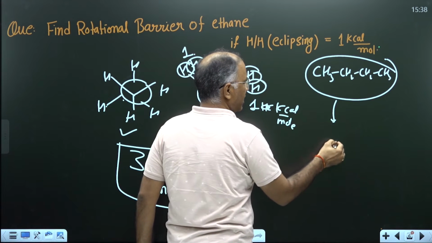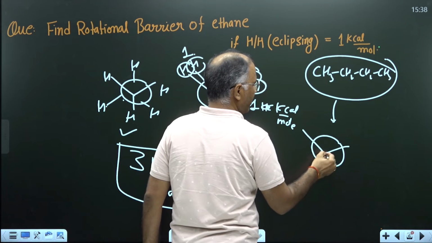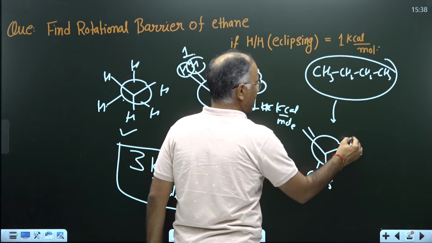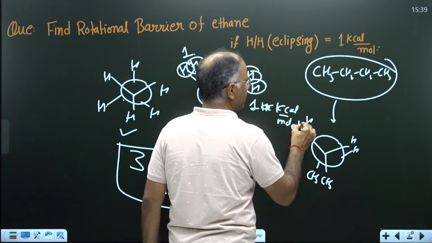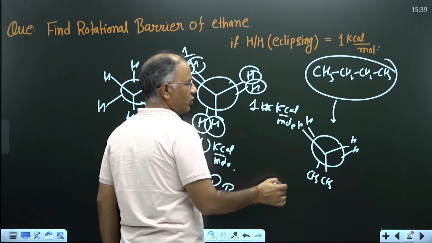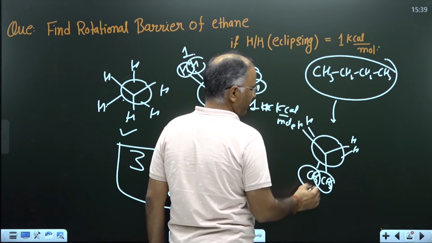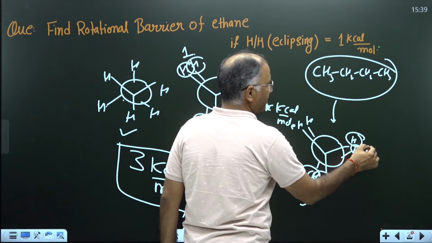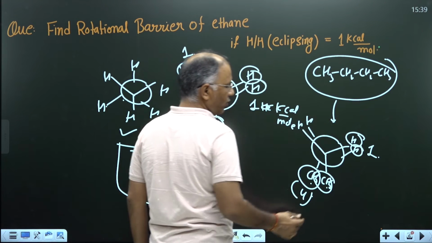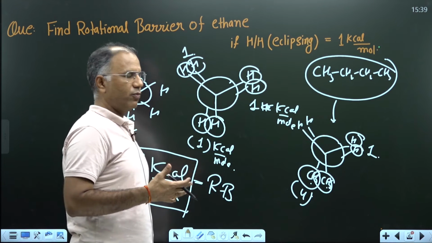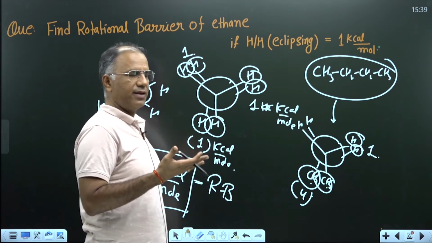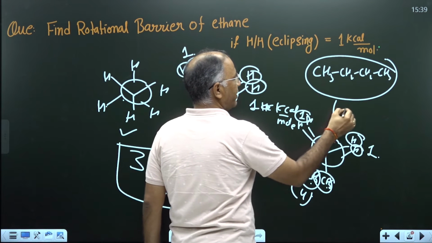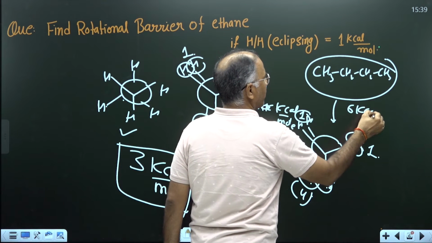So which is the most unstable conformer of normal butane? It is our fully eclipsed. Let us assume the carbon-carbon eclipsing energy is 4 kilocalorie. Now why is it 4 and why is it less, 1? Because the more bulky the group, the more repulsion, the more will be the eclipsing energy. So in this case, the rotational barrier is 6 kilocalorie per mole.